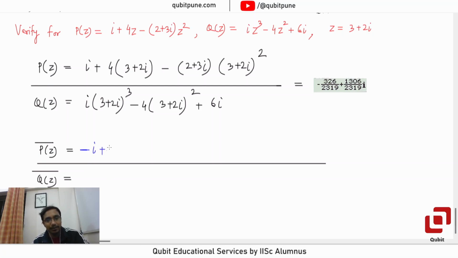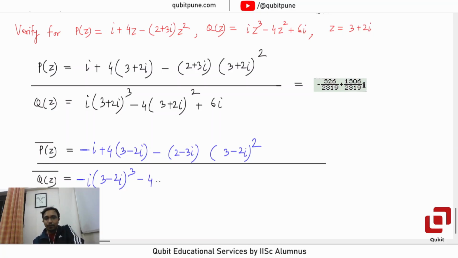Complex conjugate of 4, 4. Complex conjugate of 3 plus 2i, 3 minus 2i. Minus, here it should be 2 minus 3i. Here it should be 3 minus 2i squared. In the denominator it will be negative i into 3 minus 2i cubed. Complex conjugate of negative 4 is negative 4, into 3 minus 2i squared, minus 6i. So the answer to this is the same with the negative sign in between.